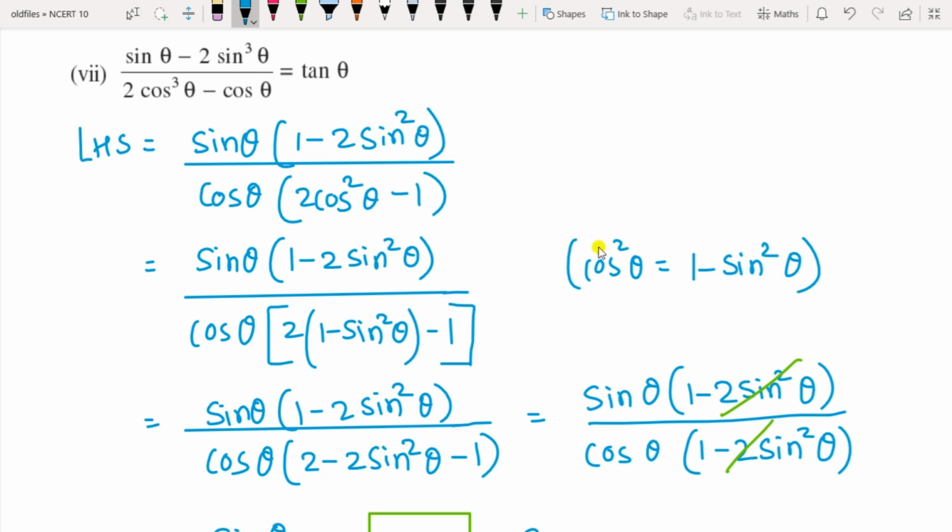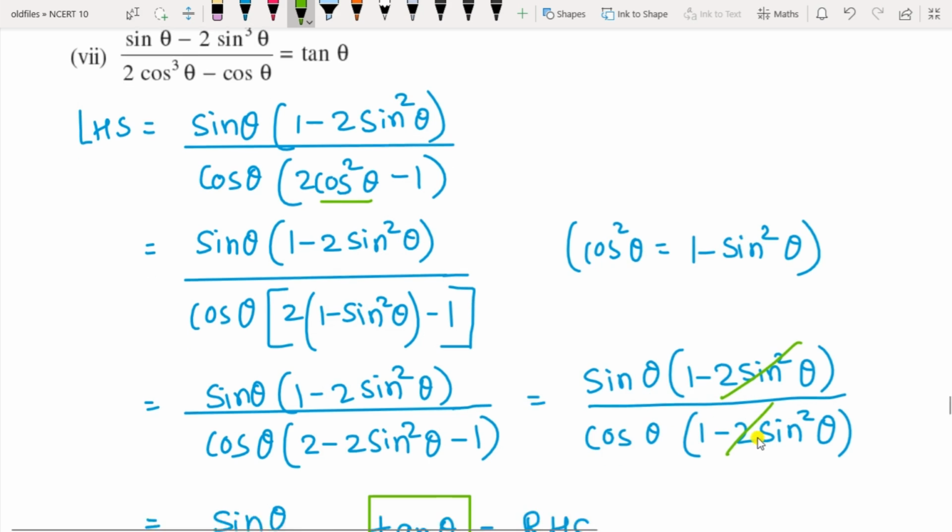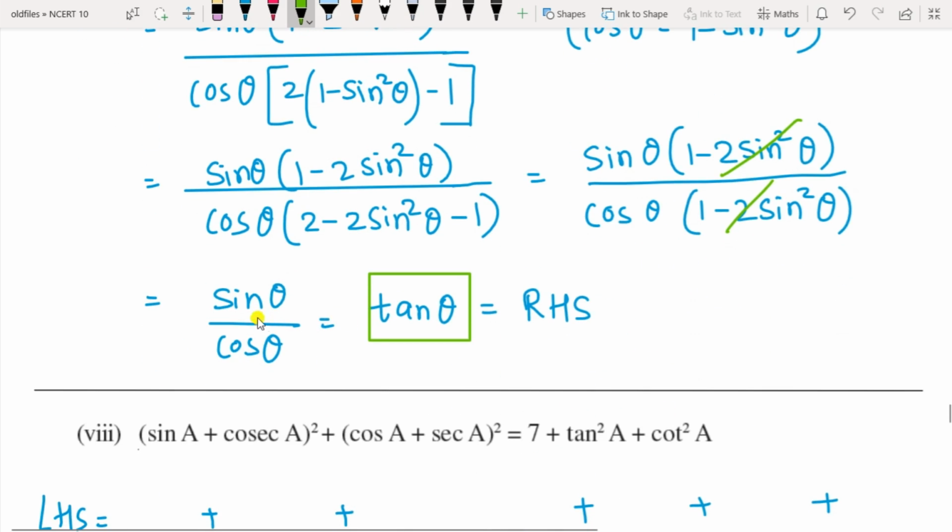So in place of this cos square theta, we will substitute 1 minus sin square theta and multiply 2 inside, and this 2 minus 1 will be 1. So you will get numerator and denominator the same bracket, that will get cancelled here. So you will have sin theta upon cos theta, which is equal to tan theta, that is your RHS, hence proved.